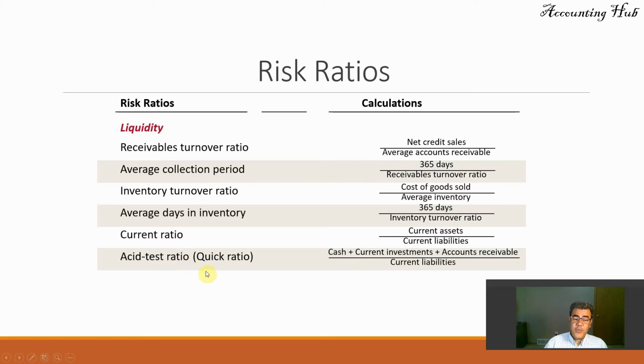And the acid test ratio is also called quick ratio, so you will find in some textbooks the quick ratio. And here, guys, it doesn't matter if we are talking about US GAAP companies in the US or IFRS companies in any other country. Our ratios are exactly the same.